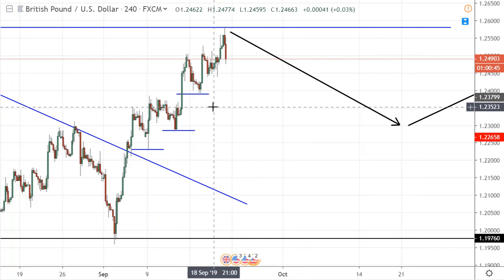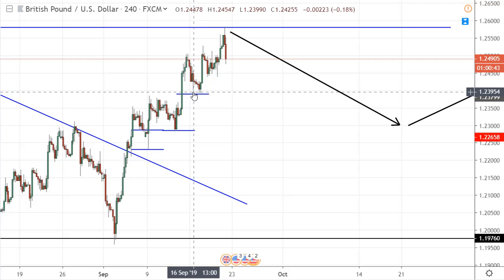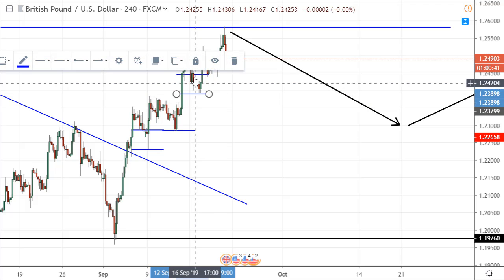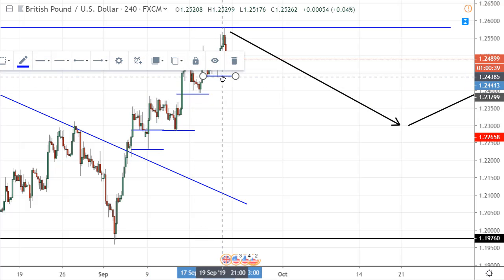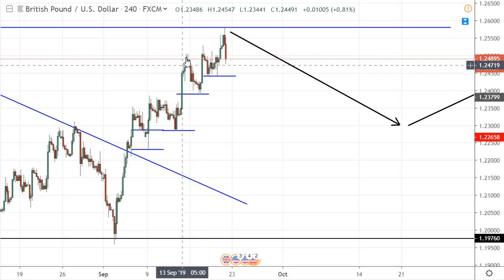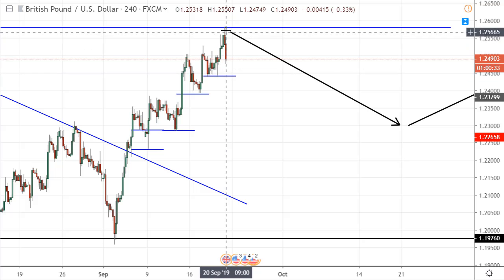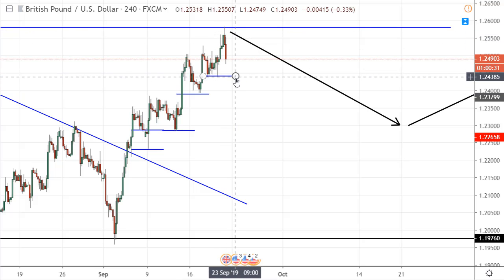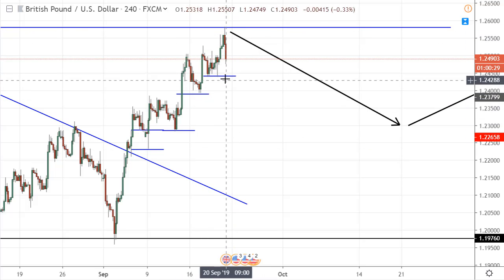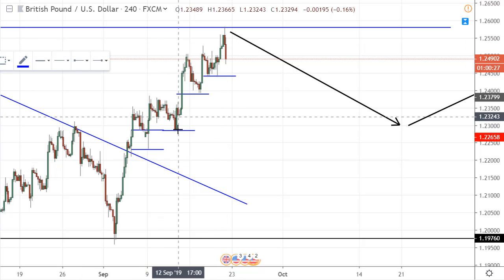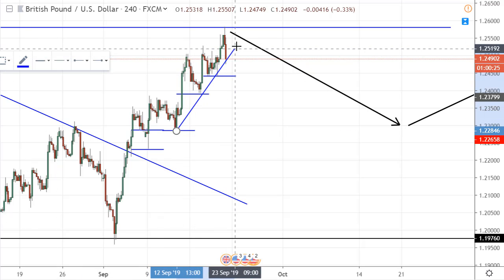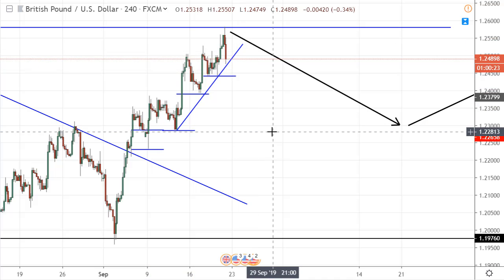Price seems to hold. Again, price makes a move. Not that big of a move, but we are finding support at this area right now, as we can see. Another move. So let's see. As long as this level is respected, there's no need to reevaluate the trade or anything.